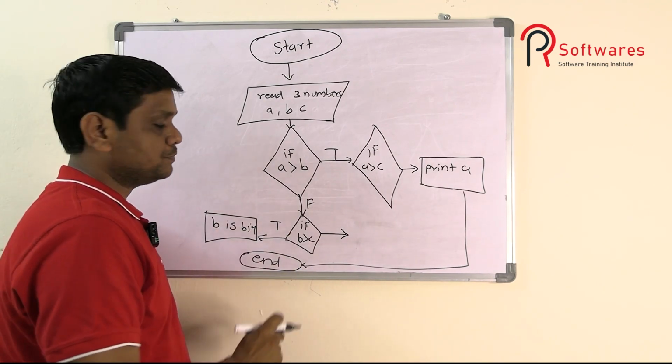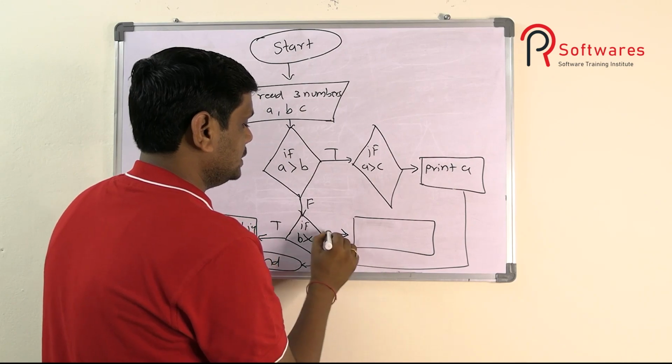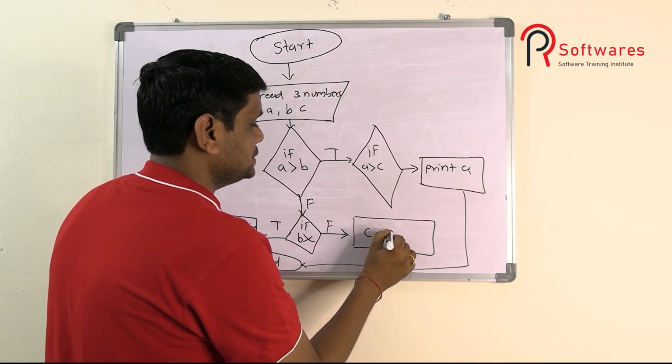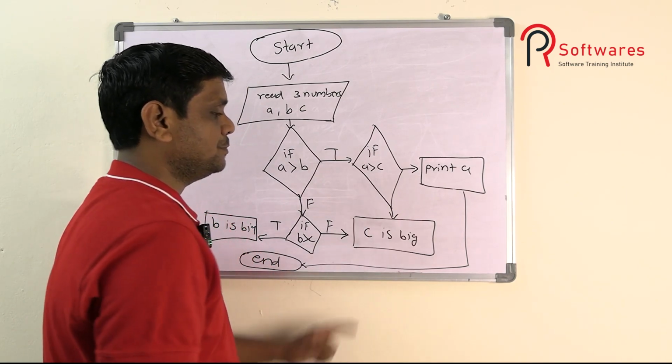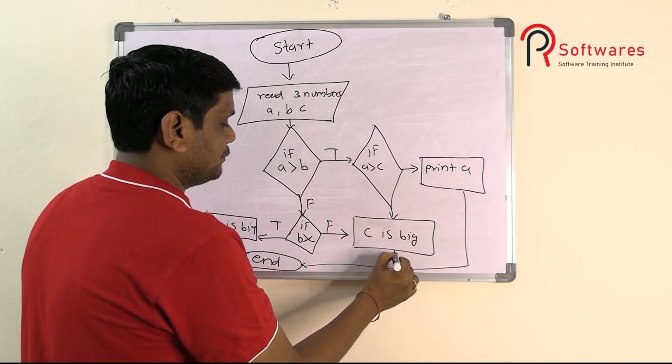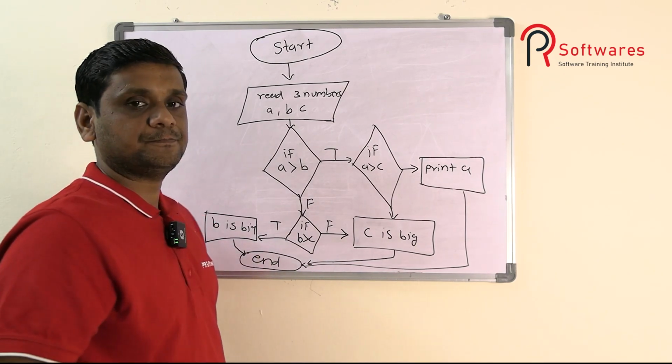If this condition is false, it will print C is big. And from here also, if this condition is false, it will print C is big. And after this, it will get end here.